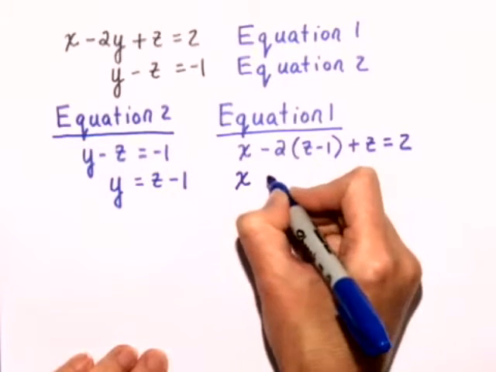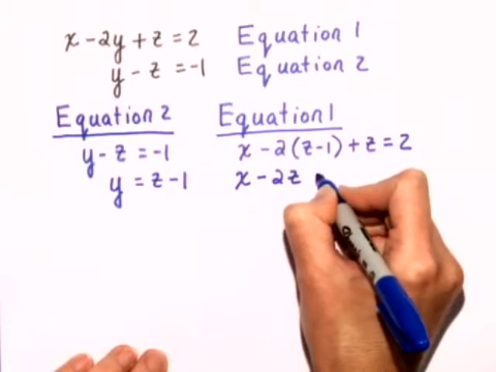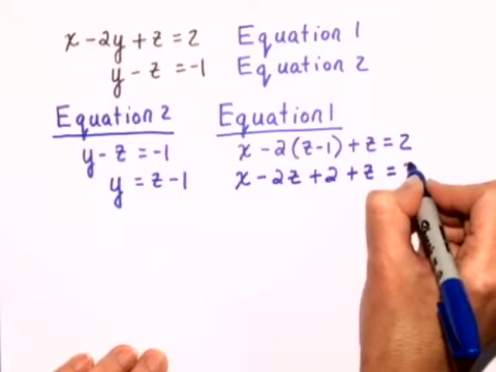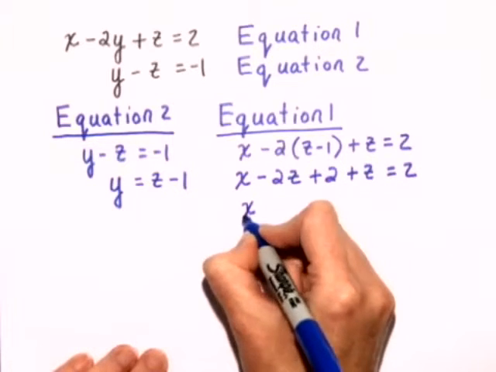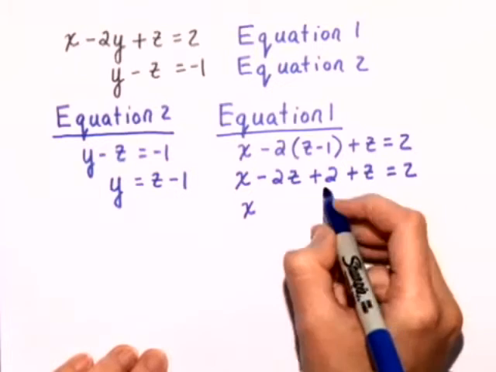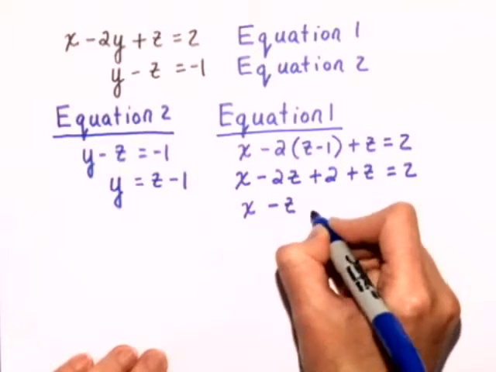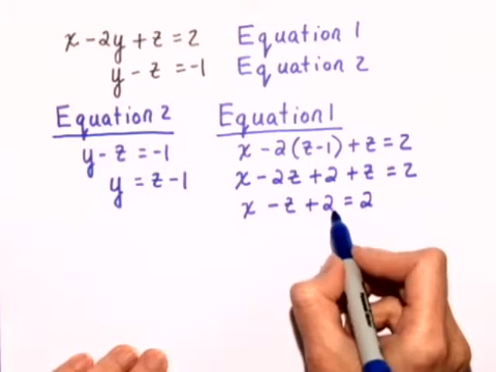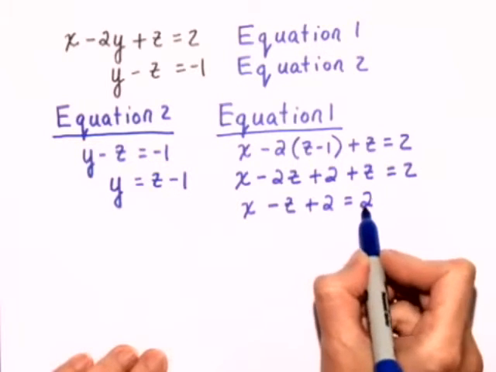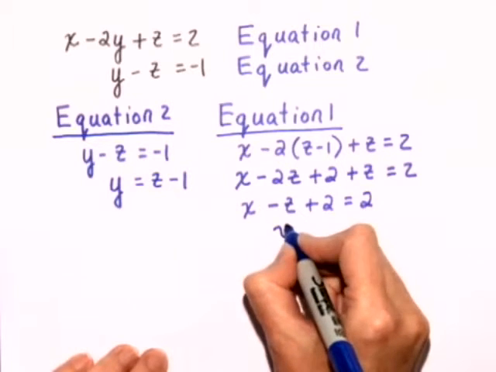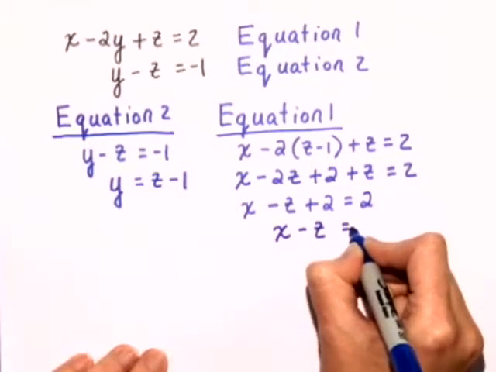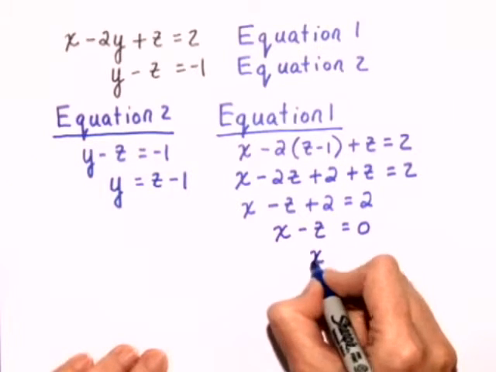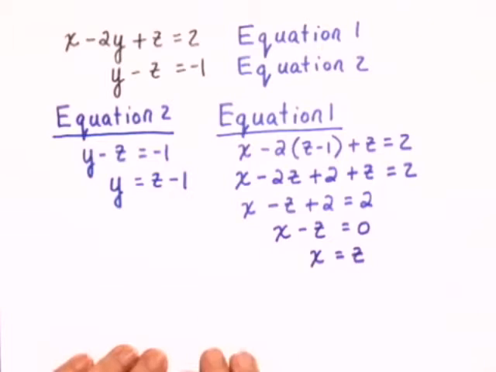Let's distribute. x minus 2z plus 2 plus z is equal to 2. So we have x minus 2z plus z gives me minus z plus 2 is equal to 2. Now notice, if we subtract 2 from both sides of the equation, we just end up with x minus z is equal to 0. And if we move the z over, we get x is equal to positive z.